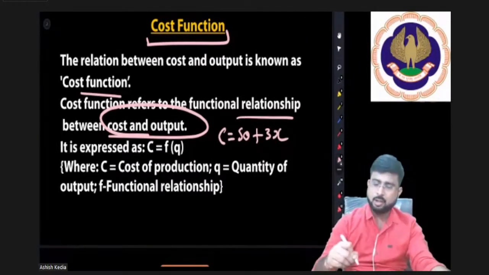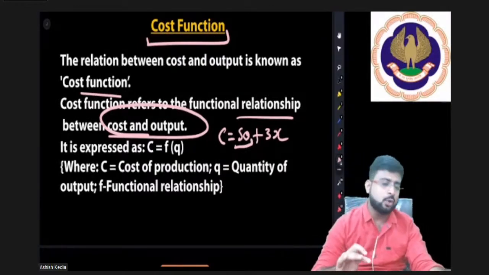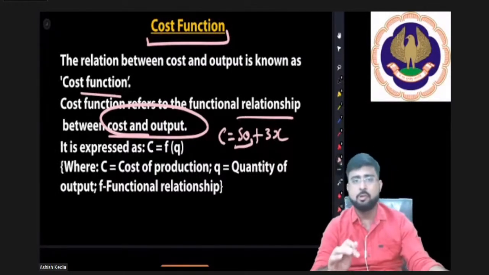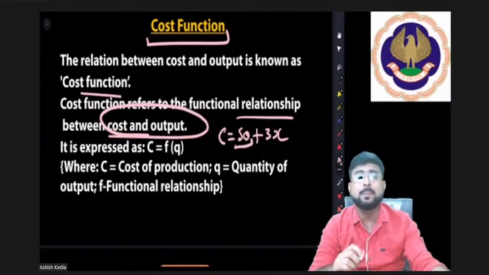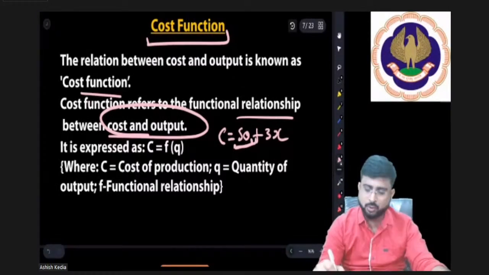It means to make the product 50 rupees is fixed. No matter whether you produce anything or not, 50 rupees will still be incurred. That's fixed cost, friends, when a cost will be incurred no matter what.